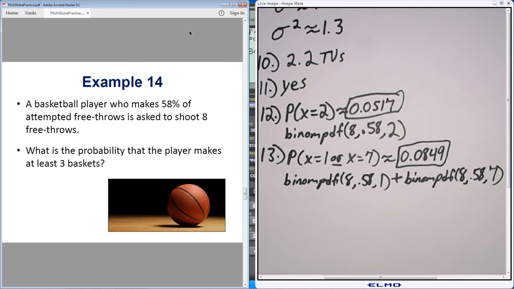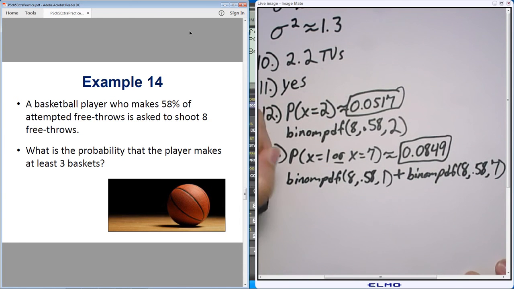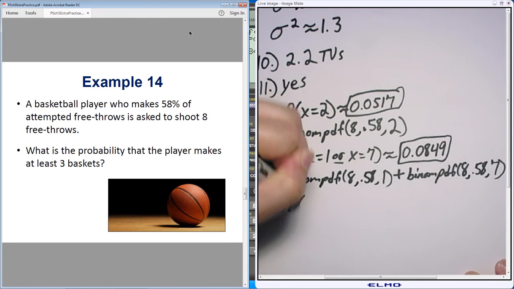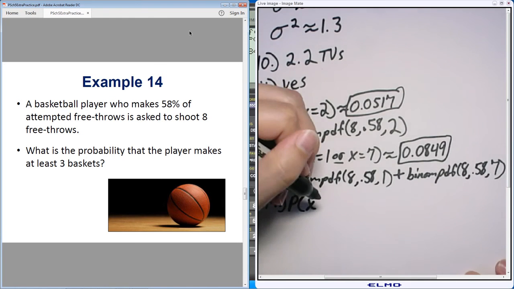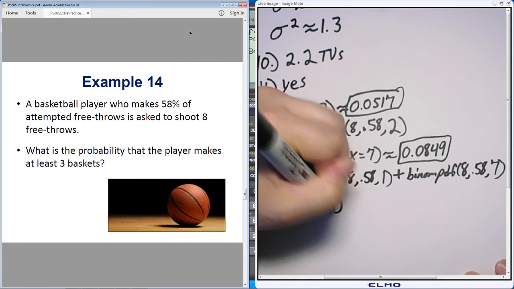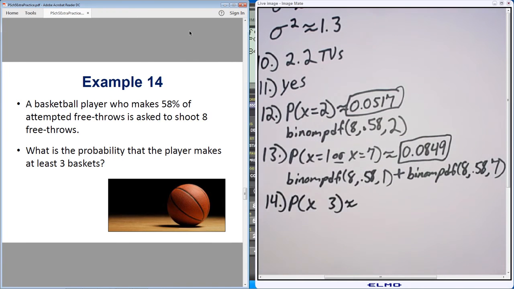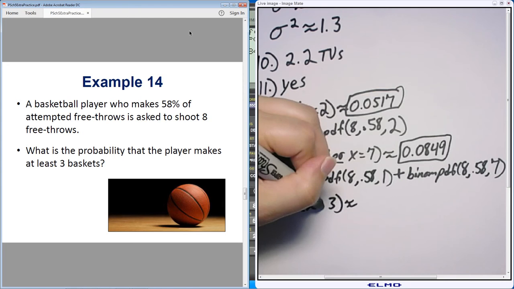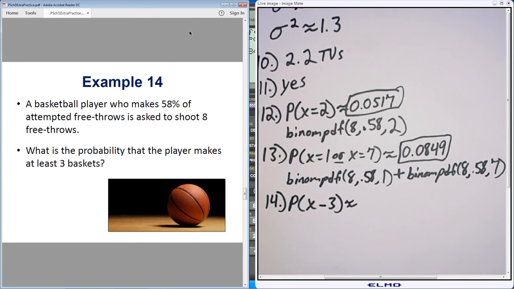Number 14. Same setup. Probability the player makes at least 3 baskets. All right, at least 3 means 3 or more.